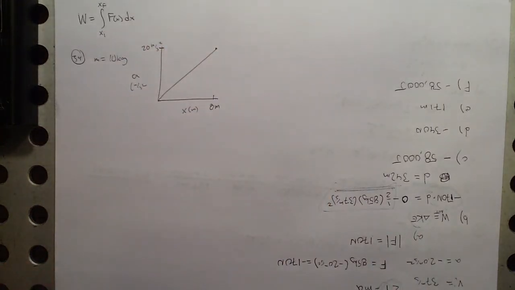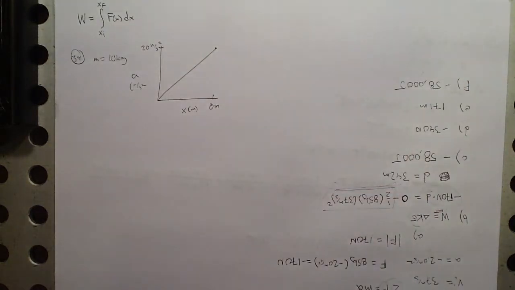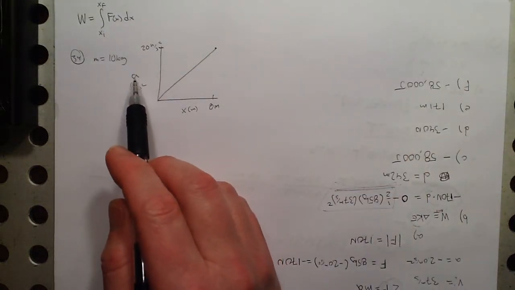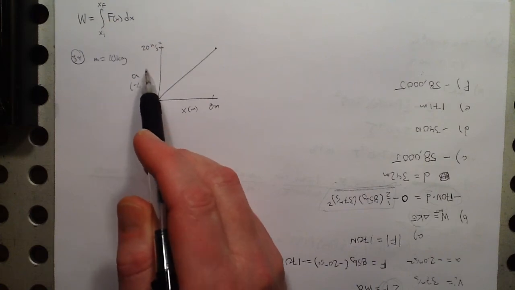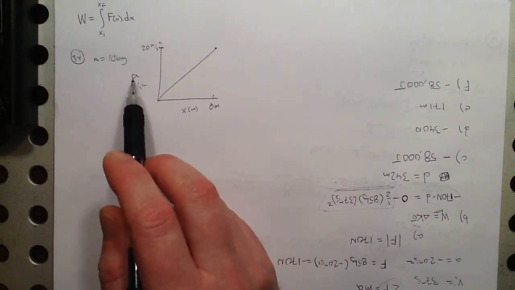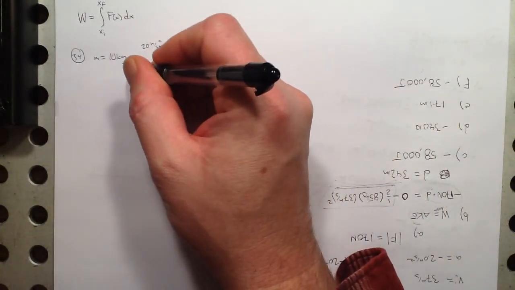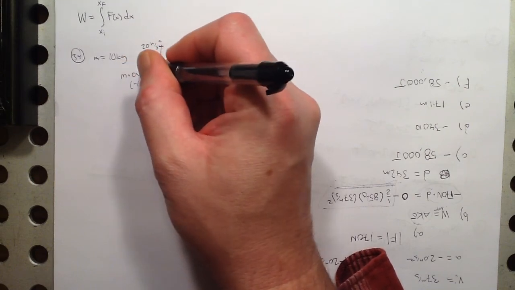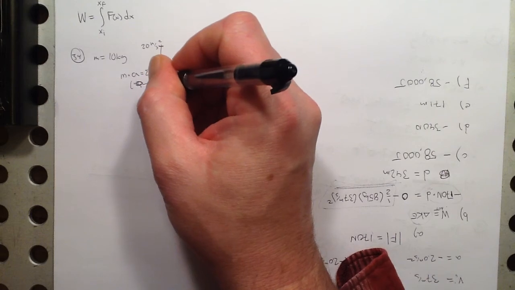I'm going to stop right here before I read any more and just point this out. You have to understand here that since this is acceleration, if I multiplied this by mass, this is basically a graph, although with a different scale here, of force versus distance. So if I multiply this by mass, that's equal to net force, which would then be in newtons.